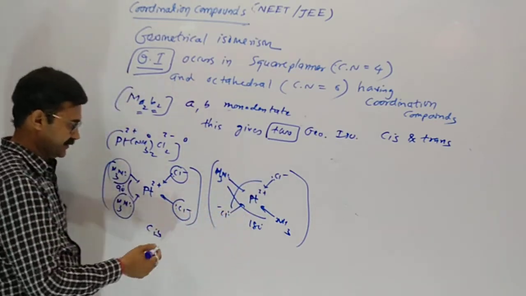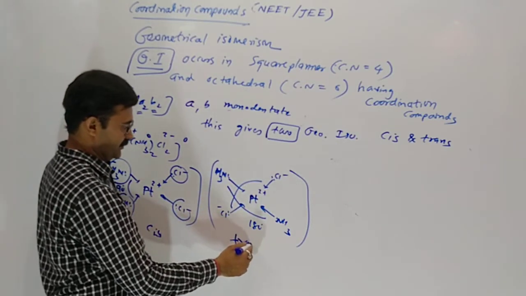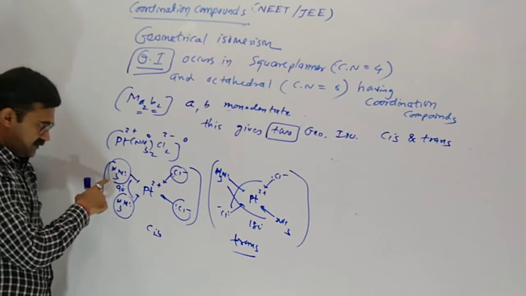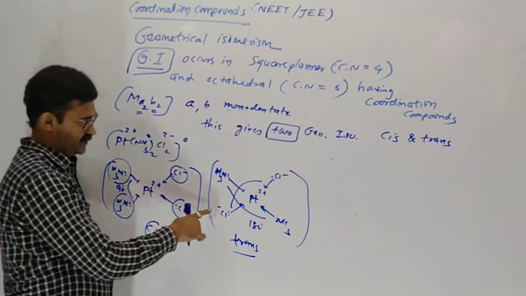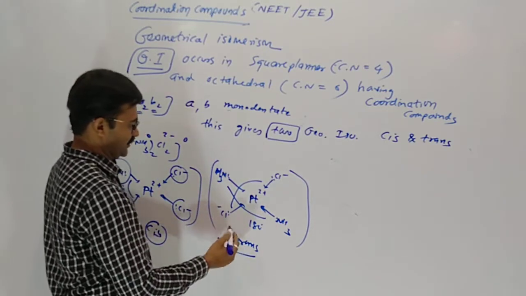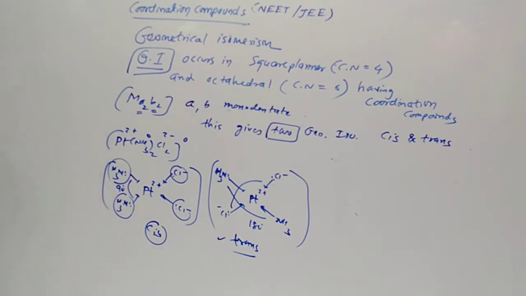So this one is opposite to each other, and the other is close to each other, cis. These two same ligands opposite to each other are trans. So this type of entity gives two geometrical isomers, cis and trans. Here A and B are monodentates.